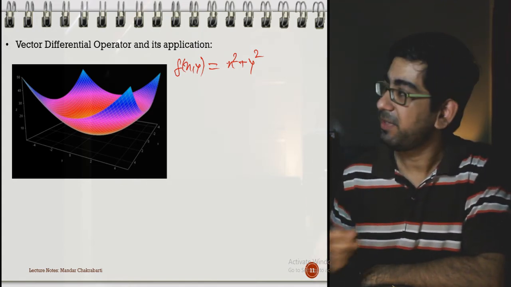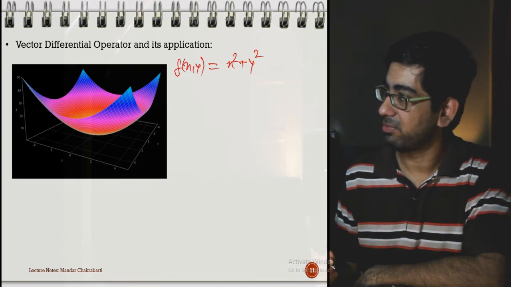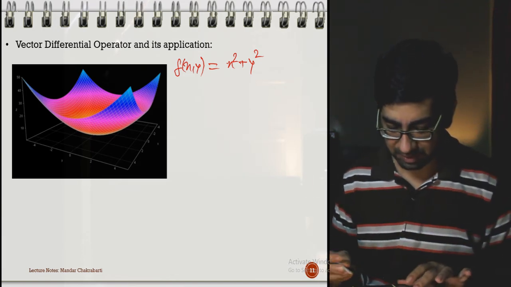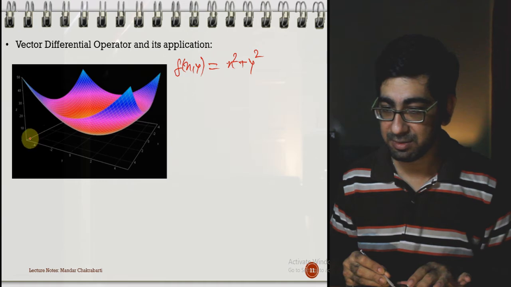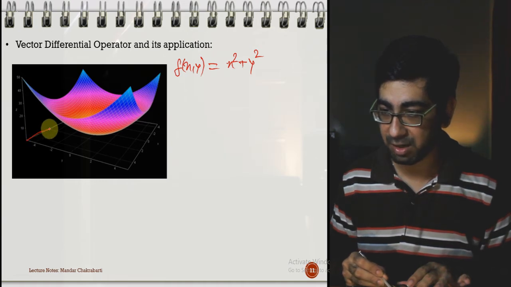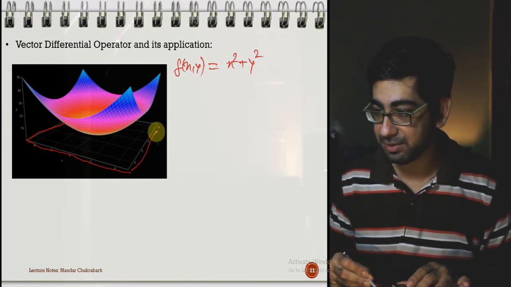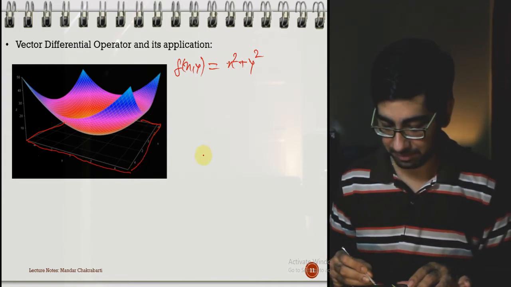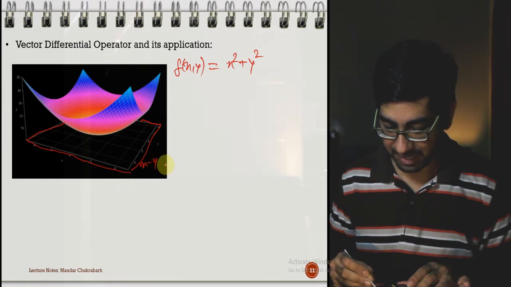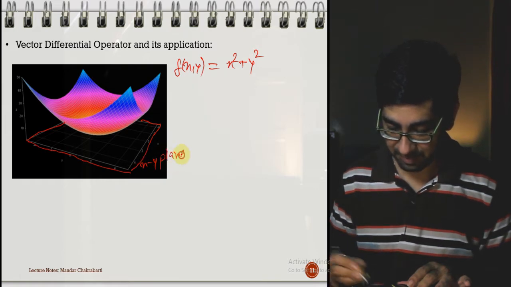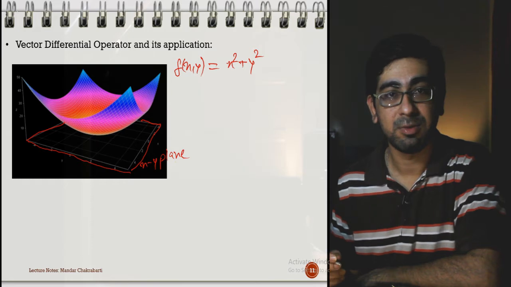Since we are dealing with a two-dimensional function, what you can see is this surface. Let me mark that out for you. This entire surface, this is the xy plane, right?